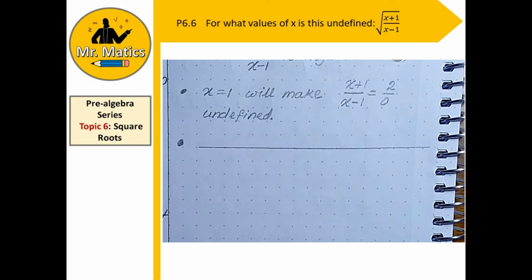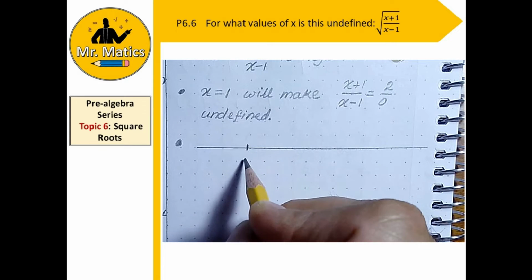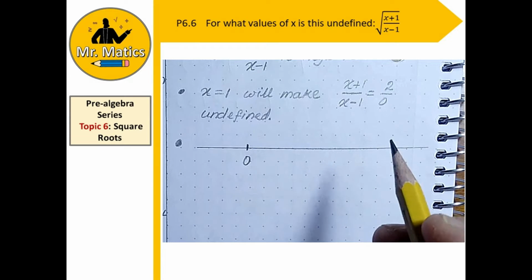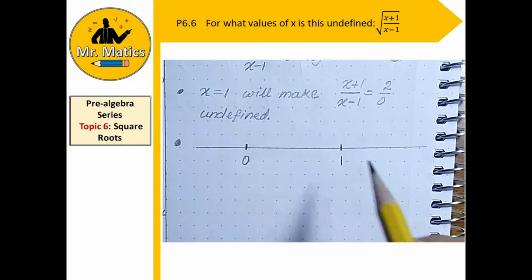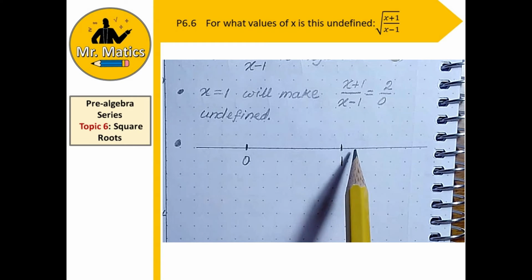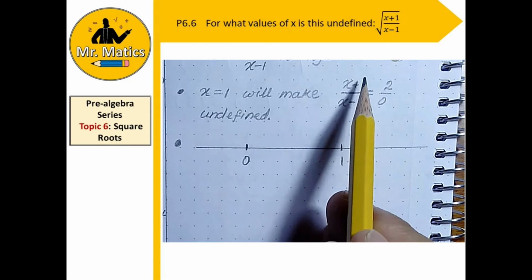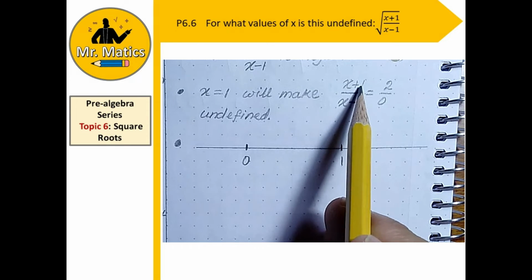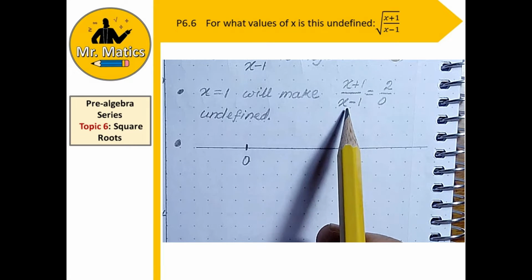So let's say this is the number line, and we have 0 here, and we have 1 here. Now let's pick some number. Let's say this is 1.2, which is up here. If it is 1.2, what is the value of this ratio? 1.2 plus 1 becomes 2.2 at the top, and at the bottom it becomes 0.2.